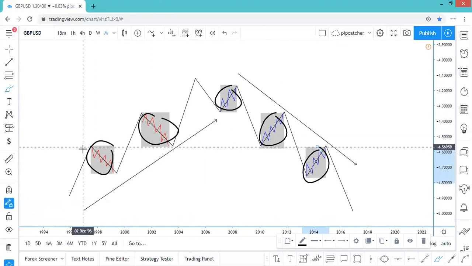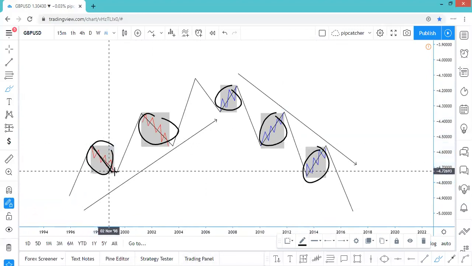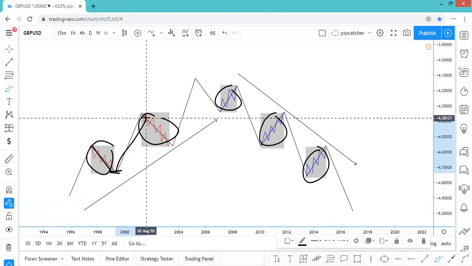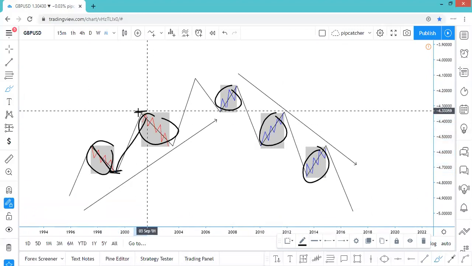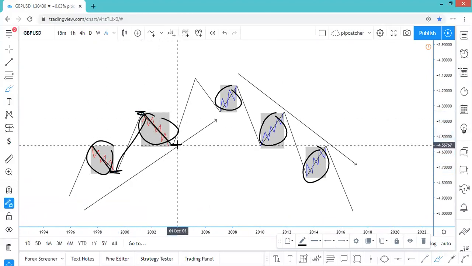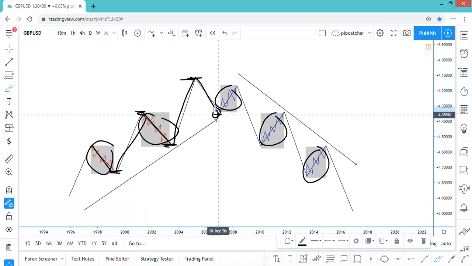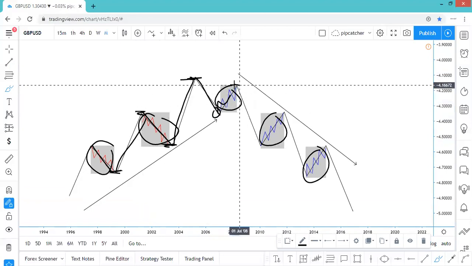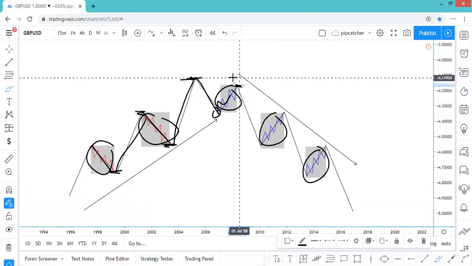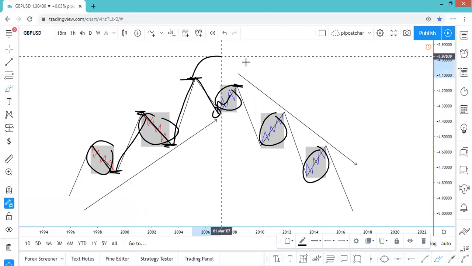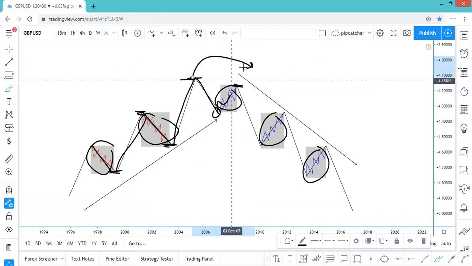When really, this retracement is creating a new low to create a new high. The retracement to create a new low to create a new high, right? And then a low retracement to create a high, right? And then there wasn't a new high, right?